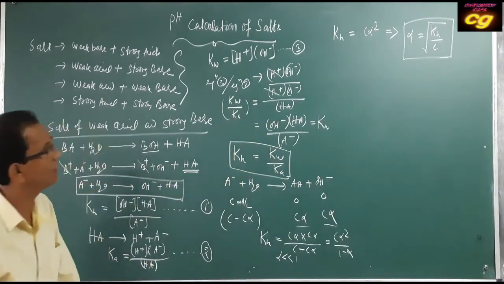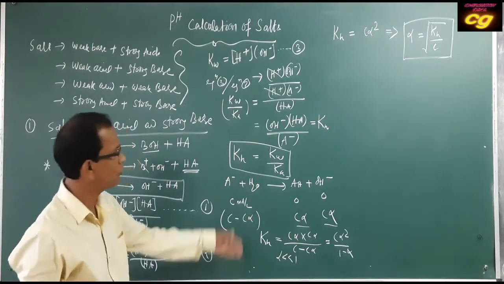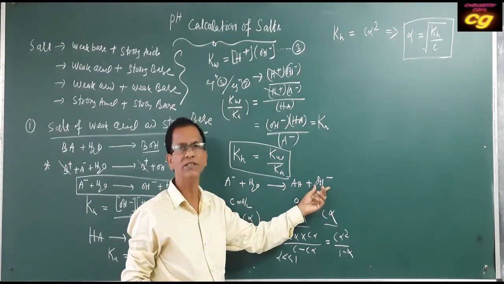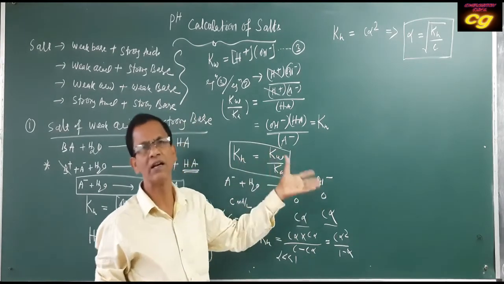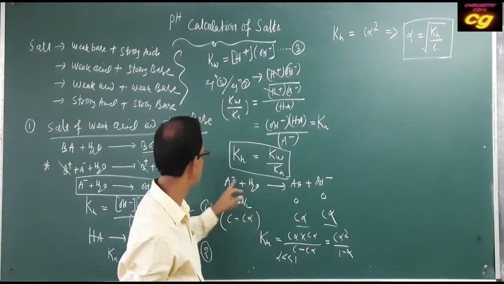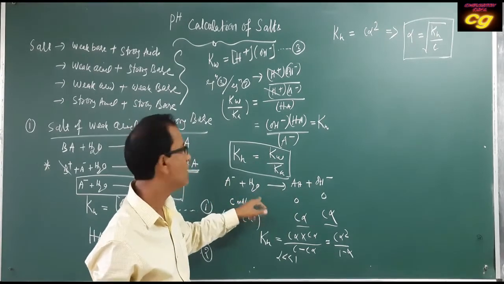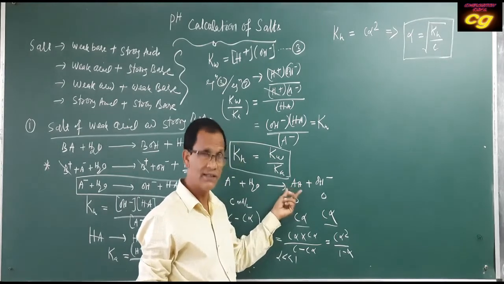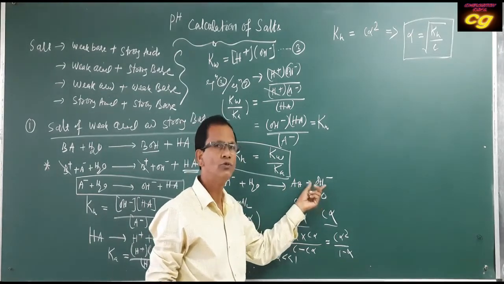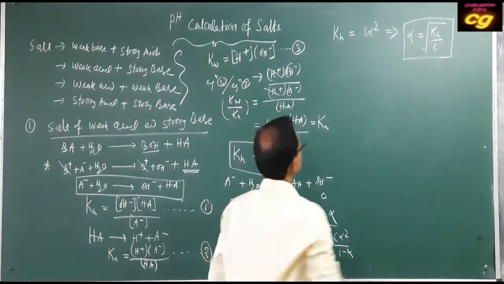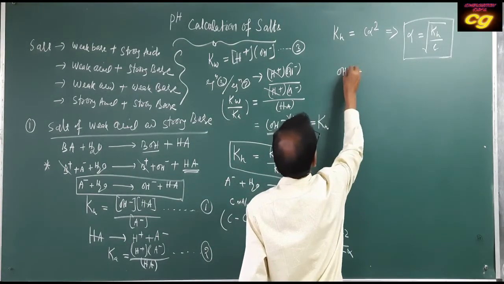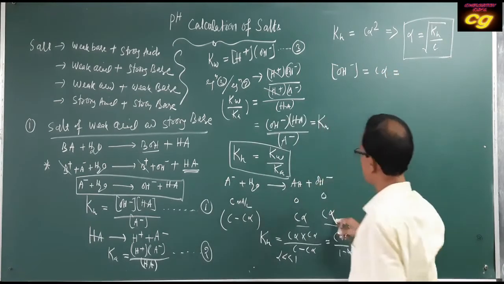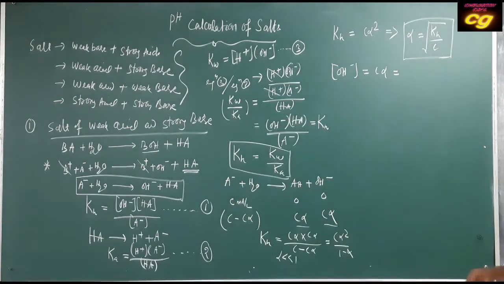Now you see the formula to calculate the pH value. Here in the equation only OH minus is available, no H plus directly given, because the salt on hydrolysis produces the undissociated acid HA and OH minus. So the OH minus concentration is equal to C alpha. As per the equation, OH minus is equal to C alpha.